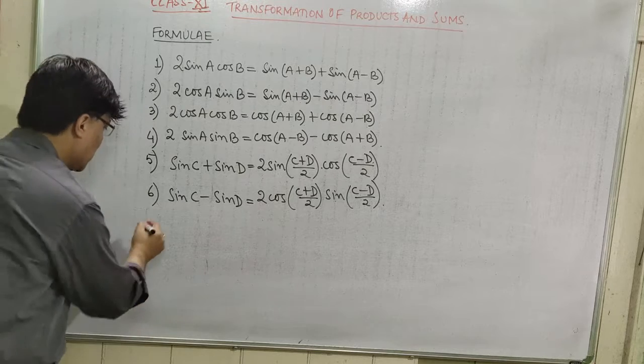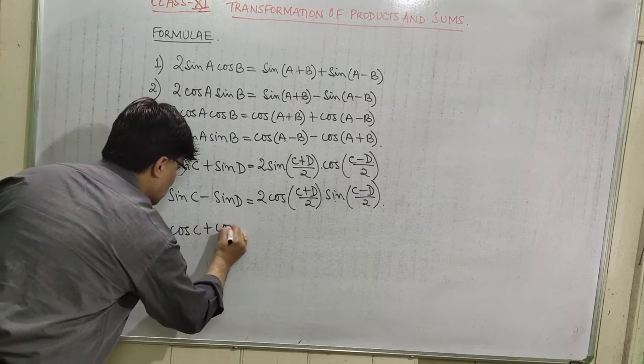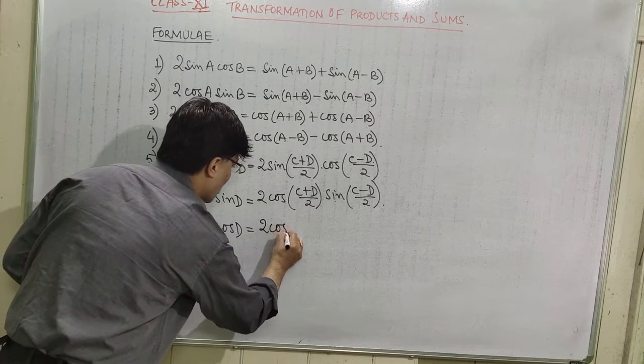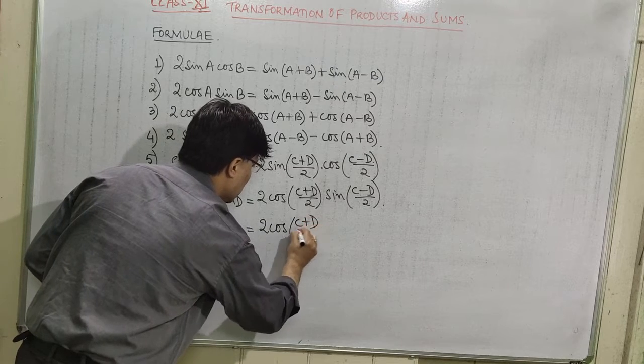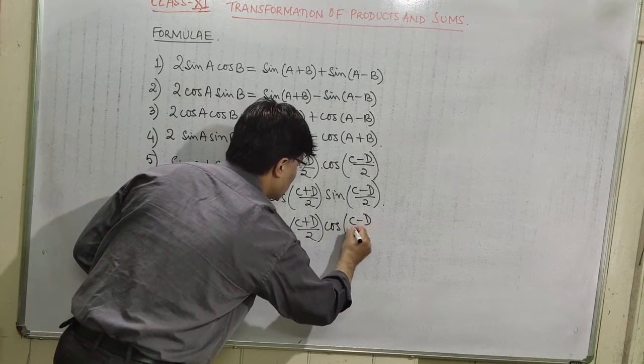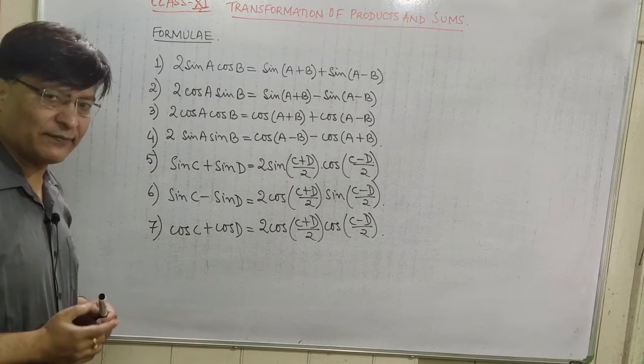Okay. Next, number 7 is cos C plus cos D. So its formula will be 2 cos of C plus D by 2 cos of C minus D by 2. Okay, that is the 7th formula.